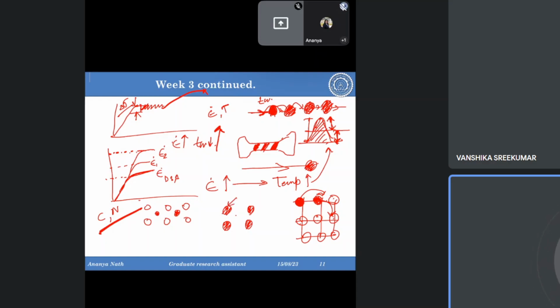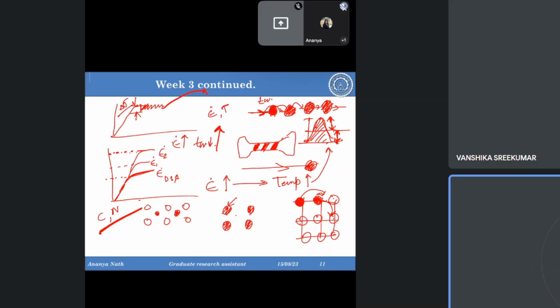You can imagine that if solute atoms are sitting in the interstitial position, it is always vacant, so they can move very easily. But substitutional atoms cannot move very easily. They first need to find out which vacant position is nearby, then they need to jump. They are always jumping from one bonded vacancy to another bonded vacancy.